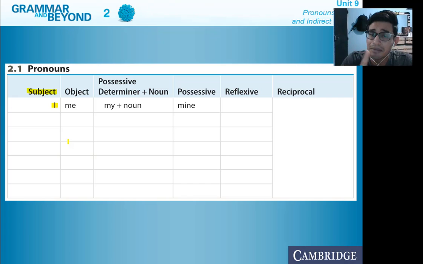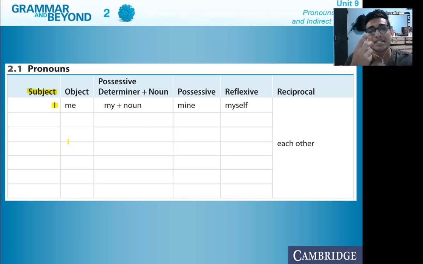Then we have the possessive pronoun. In this case, we're talking about a pronoun. Mine. We have the reflexive one, myself, and we have a reciprocal, each other. In this case, each other is used when two persons do a reciprocal action. For example, they kiss each other.